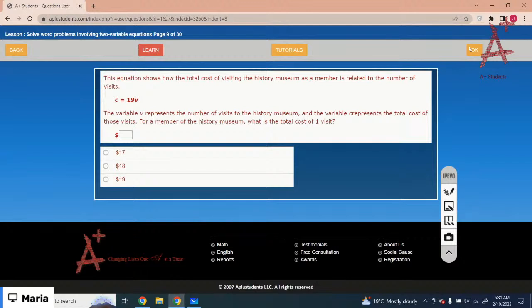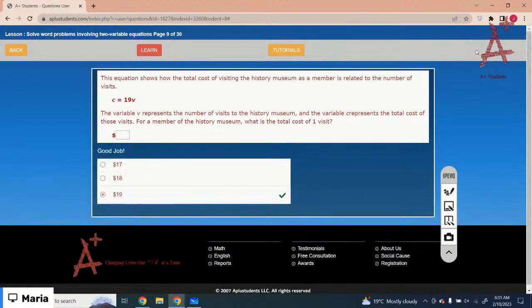So 19 times 1 is 19. So the correct option is, yes, it is 19. Got it?